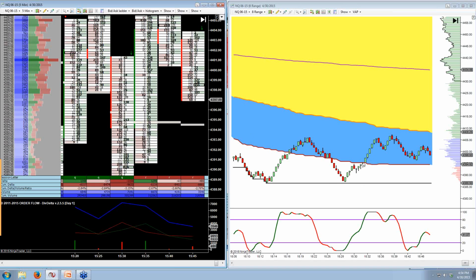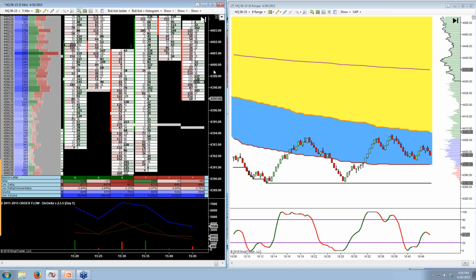But let's say that it was coming back into this low value area here, and we had negative delta, and you can see that we had more sellers stepping up, then you're not going to try to buy this. If you had more sellers stepping up, that would be a place where you could actually short it again.